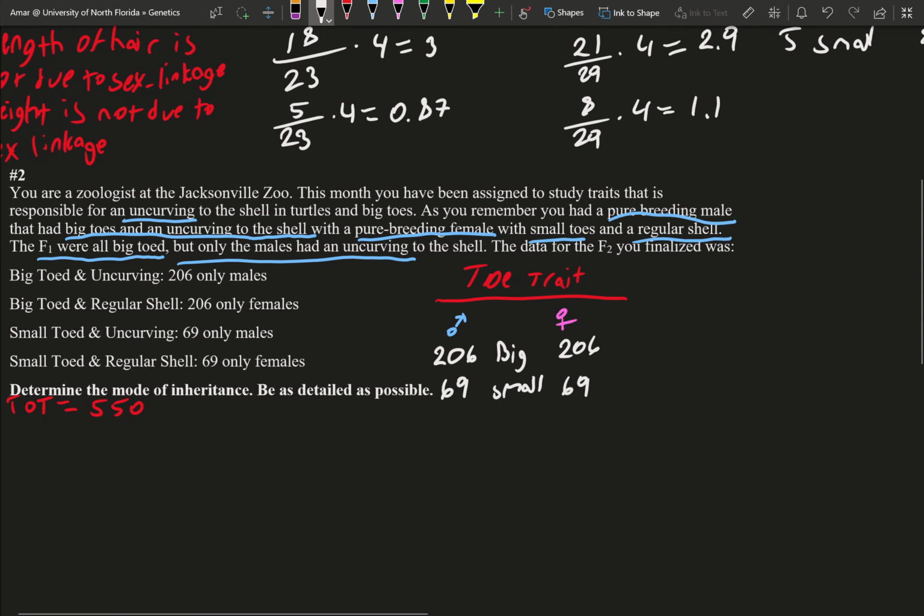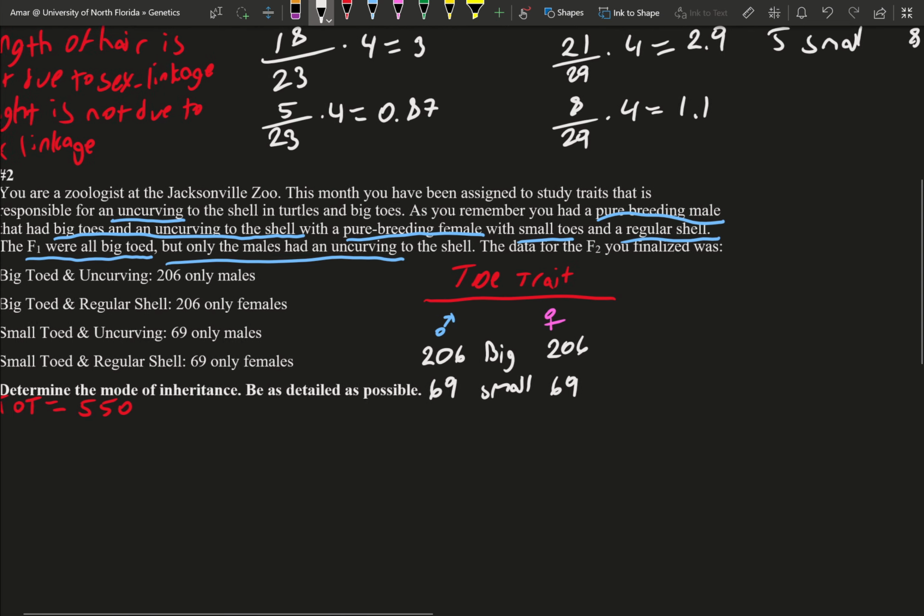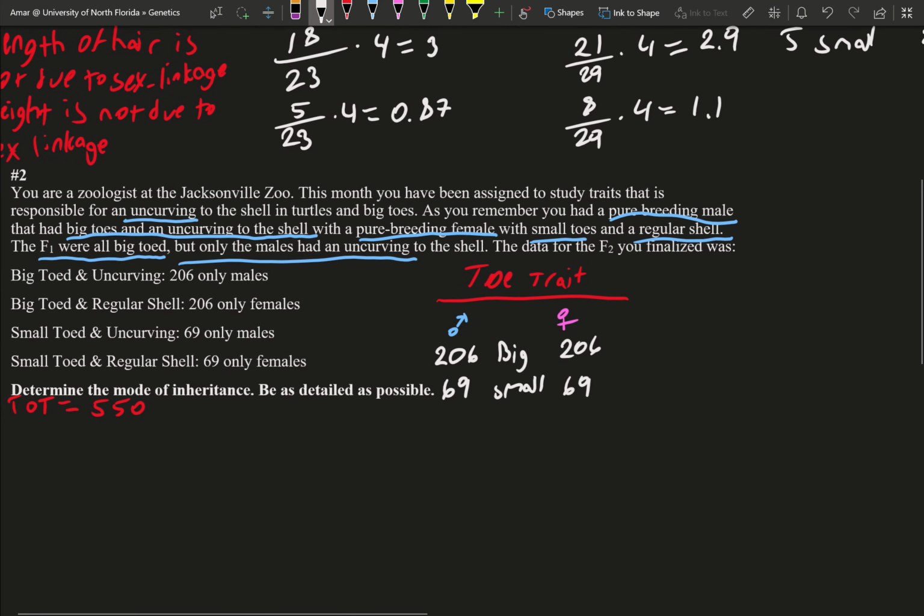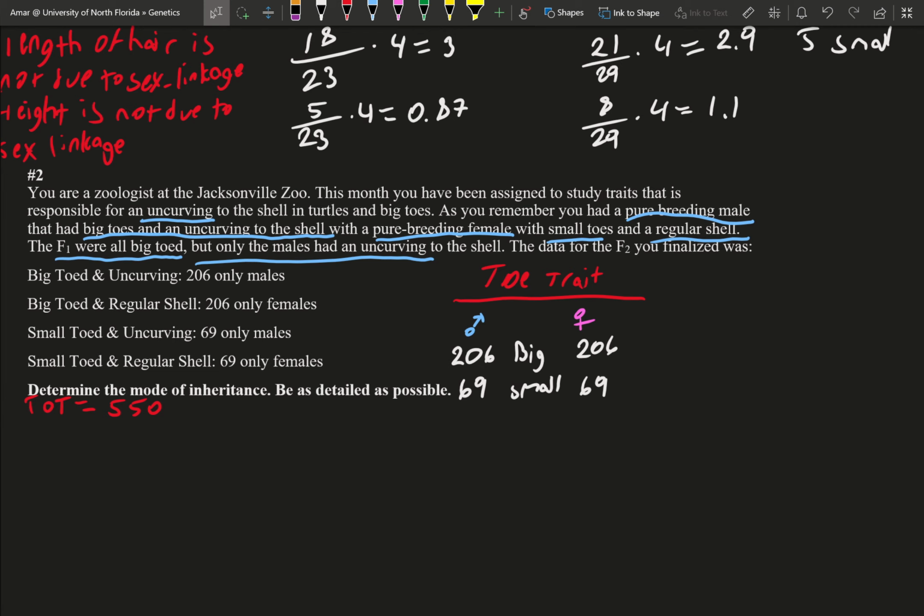So obviously, just by looking at this particular data set, you can immediately tell that you're getting the same amount of individuals here. So therefore, this trait is in particular not due to sex linkage.